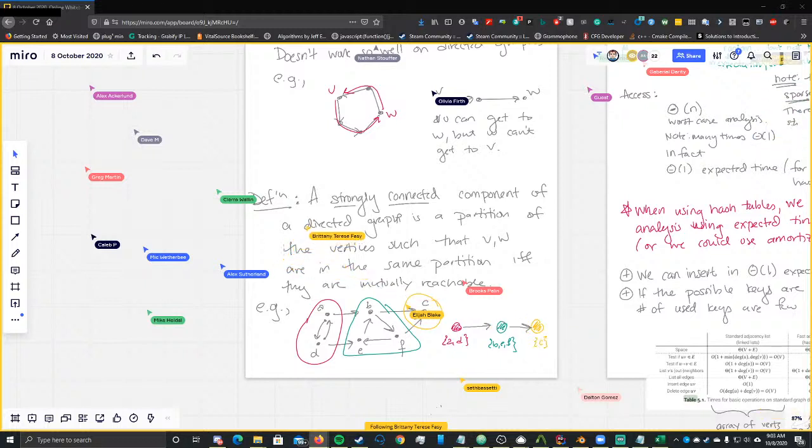And this graph is called the meta graph. I'll say nodes are the strongly connected components. Edge, if we can get between them, we'll just say. Okay, and you could imagine that this is one way of taking a big graph and condensing it down to make it something smaller, easier to work with.